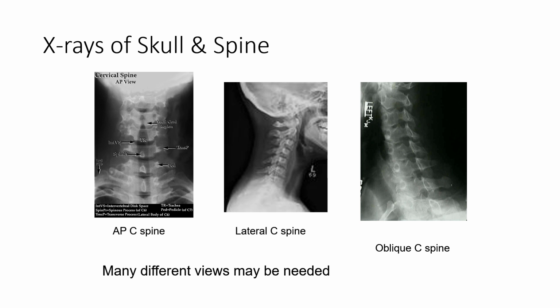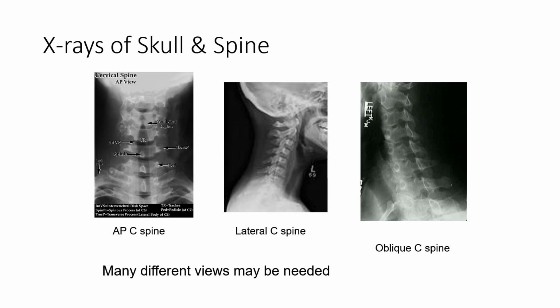They're going to also be doing x-rays of the skull and spine first to make sure there are no bony problems. They may take several views. They might take an AP, a lateral, or an oblique view of the C-spine, maybe of the facial bones.